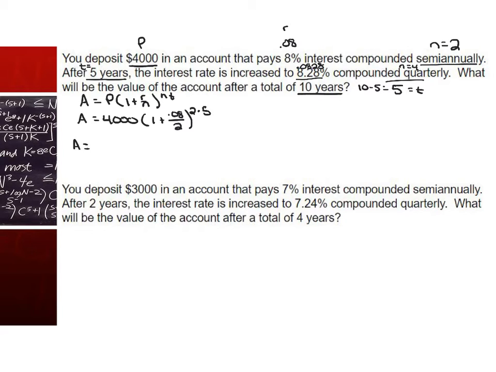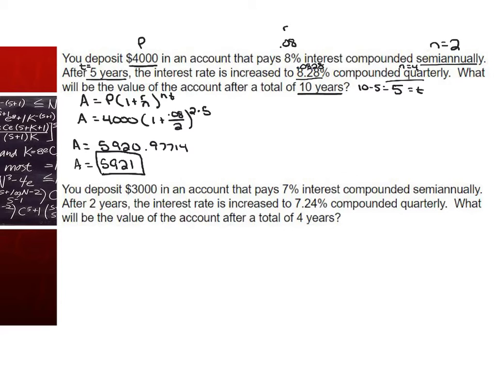When I do this in my calculator, I get 5,920.97714. I can round that to $5,921 to the nearest whole dollar. This is only what I have after 5 years.